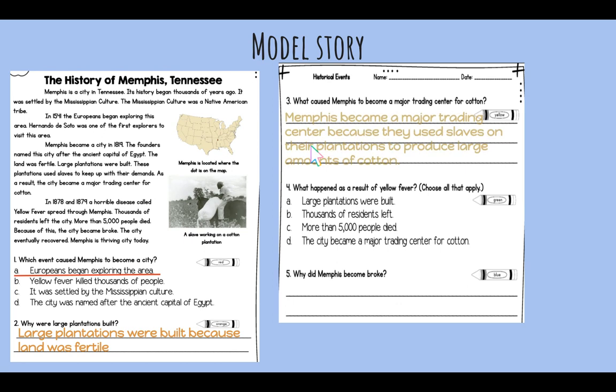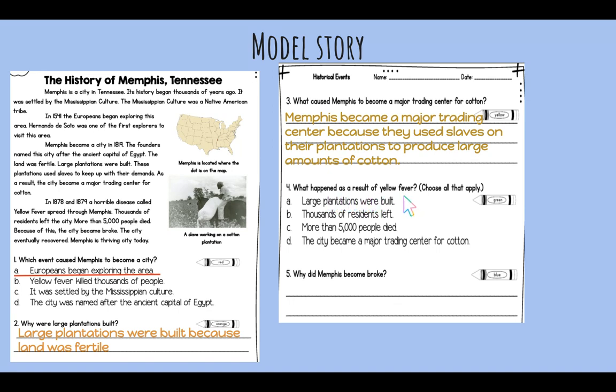Let's check. Perfect. So our answer: Memphis became a major trading center because they used slaves on their plantations to produce large amounts of cotton, okay? Our answer clearly makes that connection, and we can also prove it from the text, okay? Remember, if you can't find your answer in the text, then there's probably a better answer out there for you to search for, okay?